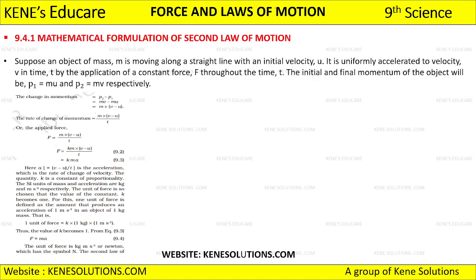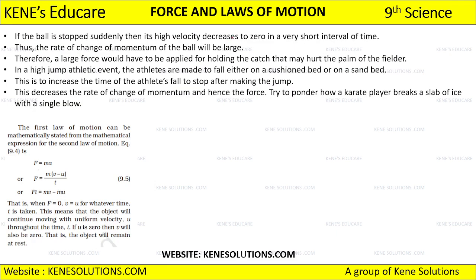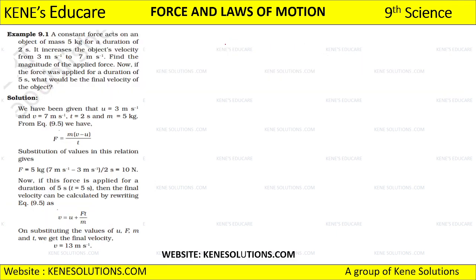Okay, now this is also going to be a huge part, and under the second law of motion we have the mathematical formulation of the second law of motion, and this derivation we will discuss in detail as well. Then we will discuss more about the second law through examples.